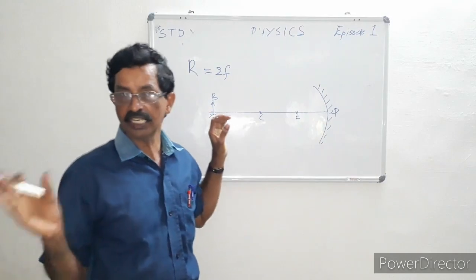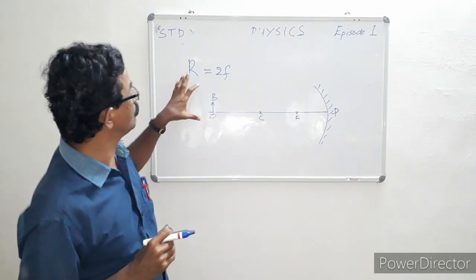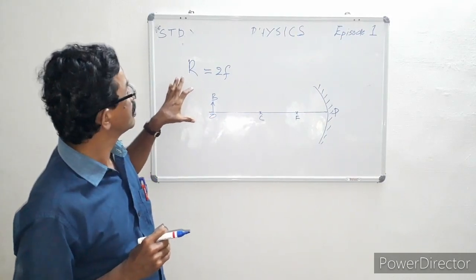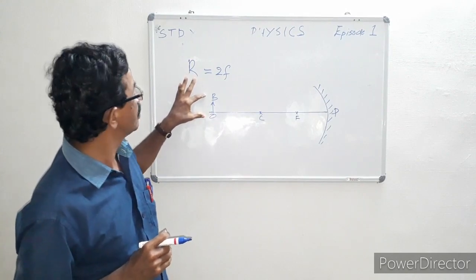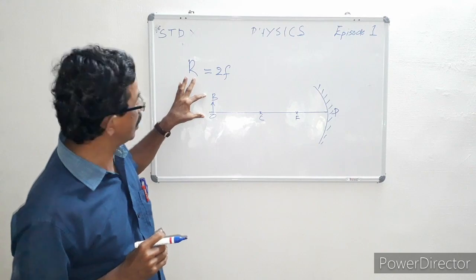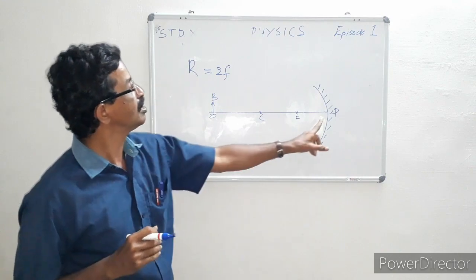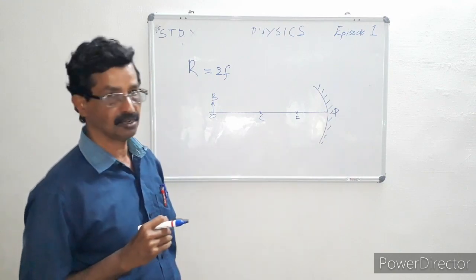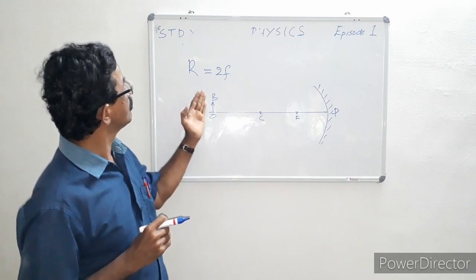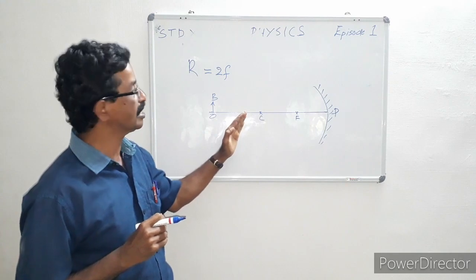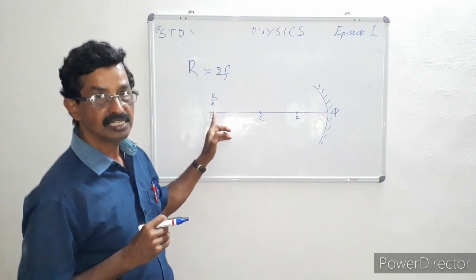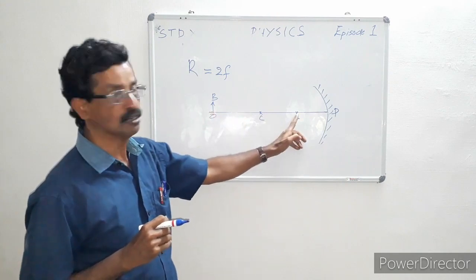Now the previous activity we are going to repeat. Let OB be the lighted candle at a large distance from the mirror and its pole. If the object is at a very large distance, then we get the image at its focus f.